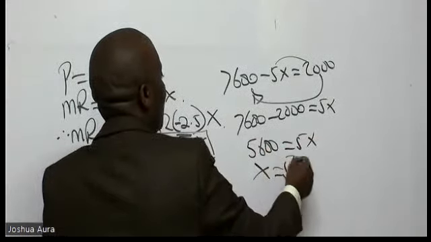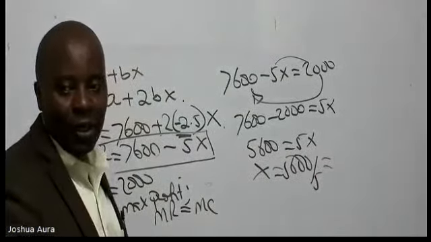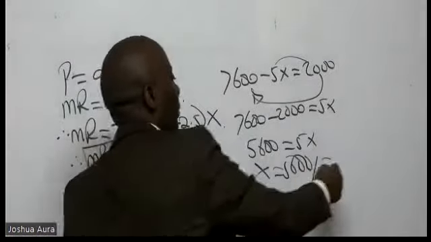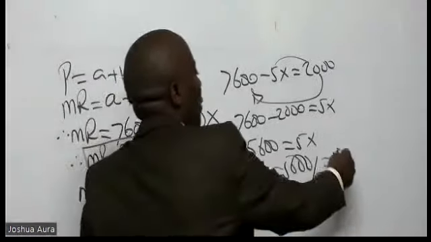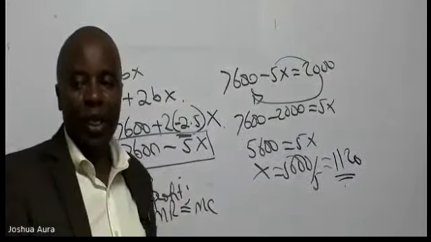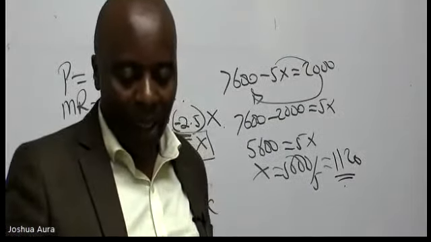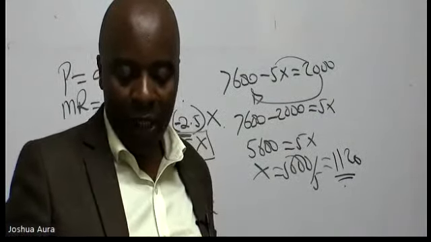X will be 5,600 over 5, which will end up giving us what figure? X is 1,120. Thank you so much. So having gotten that as our X figure, please read again. They want the fees. Fees is the same as the price.